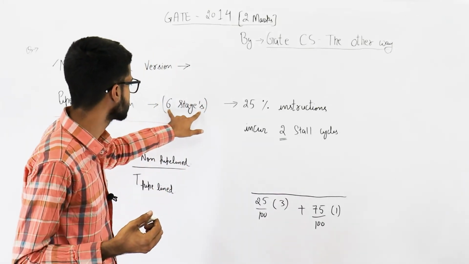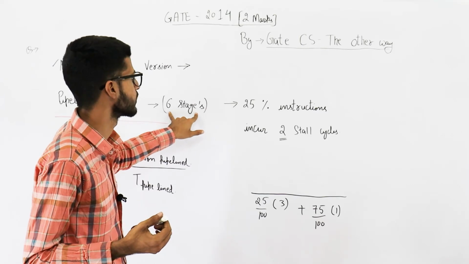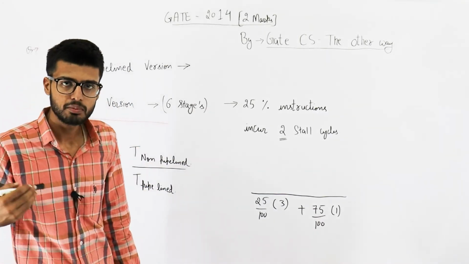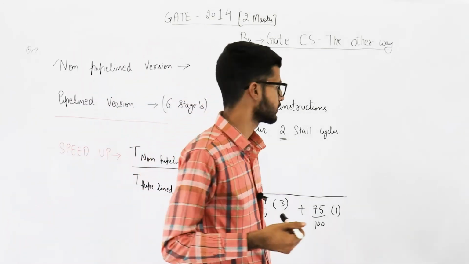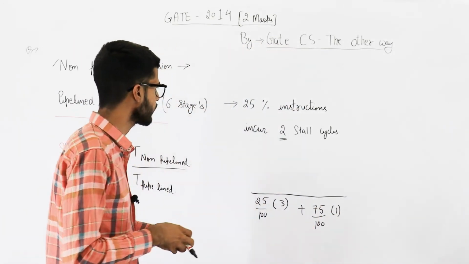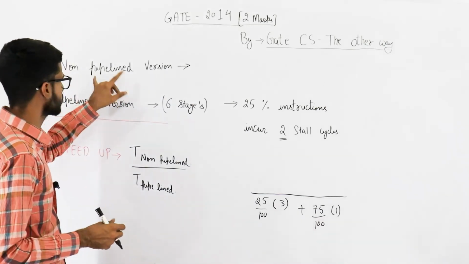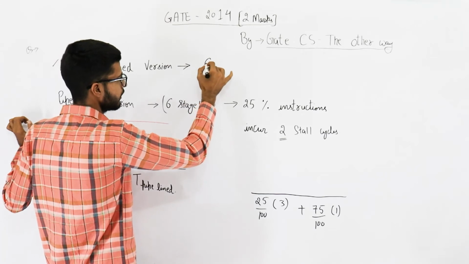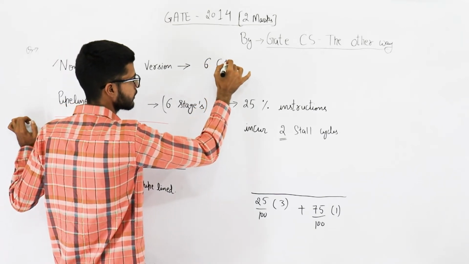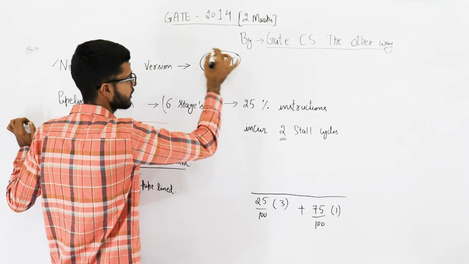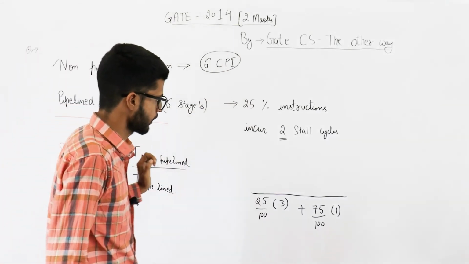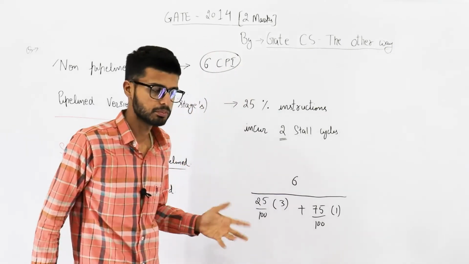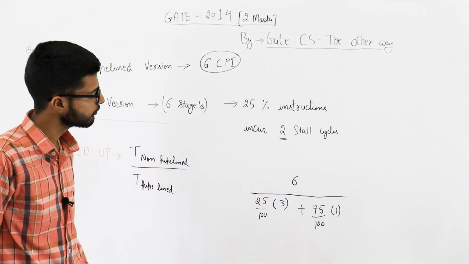Each and every instruction will take separate 6 clock cycles, whereas in the pipelined version, in one clock cycle only, multiple instructions are using multiple stages. Okay, so here, because we have a 6-stage pipeline, in its non-pipelined version, each instruction will take 6 clock cycles. That means the effective CPI will be 6. So the effective CPI for every instruction here is 6 because we don't have any pipelining.